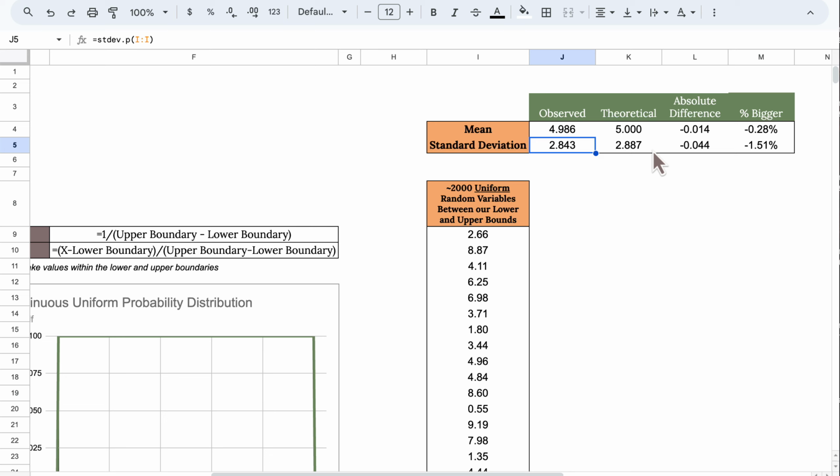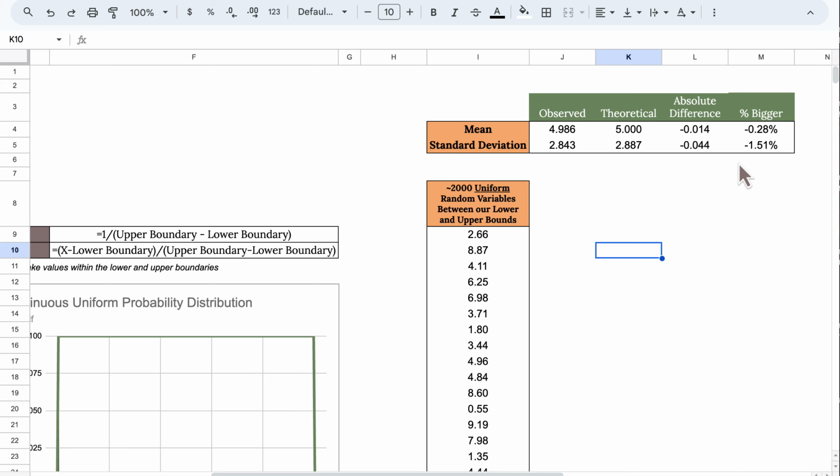Well, the theory said that they should be 5 and 2.887. So it looks like our mean for our observed data turned out to be just a little bit below what we believed was going to happen. And the same is true of the standard deviation, just a little bit below, 1.51% below, 0.28% below.